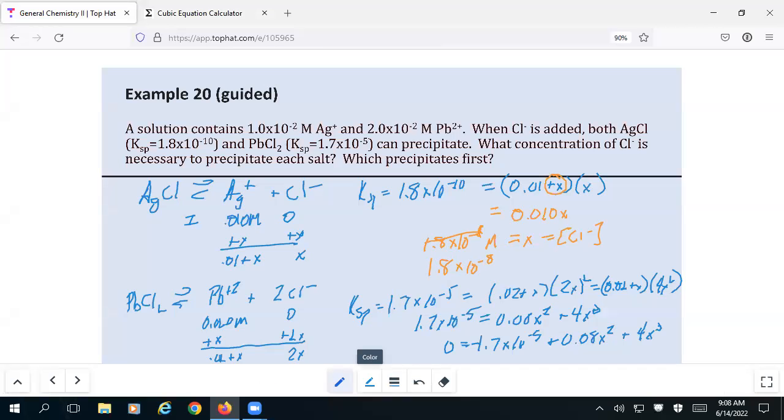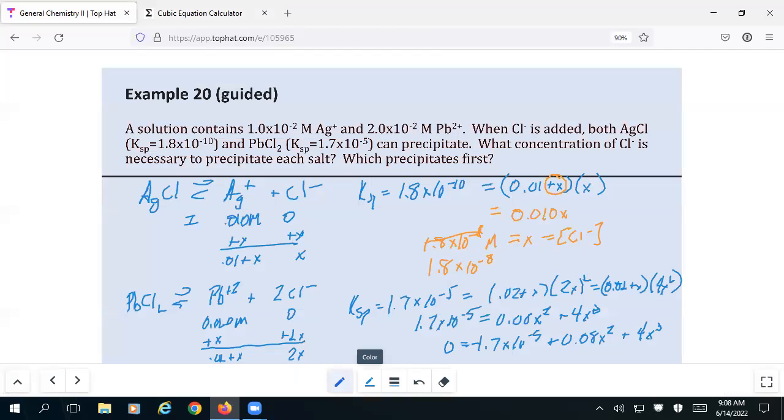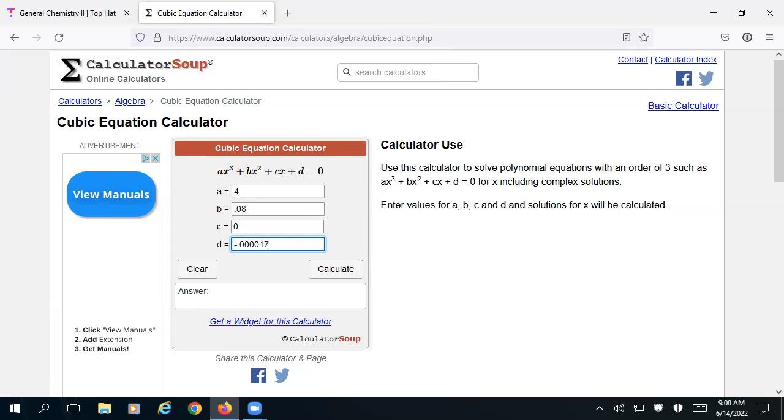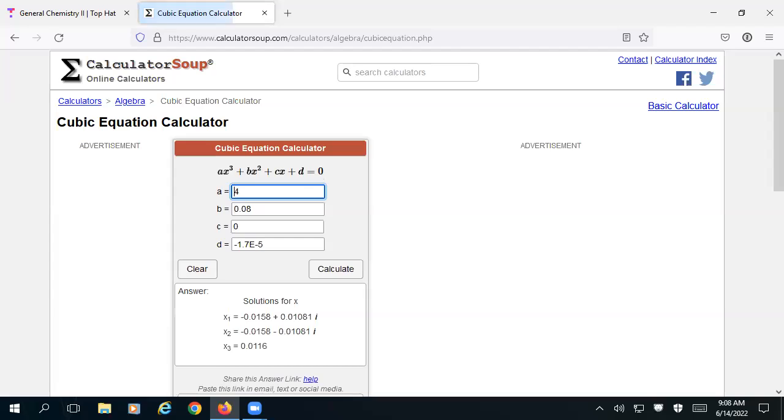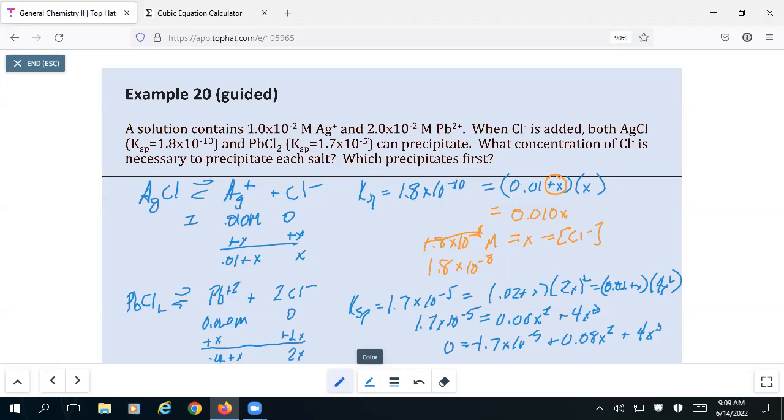And our d term is negative 0.0000175, sorry. So if we calculate that, once again, one of the numbers is going to make sense. The other two are going to be nonsensical, or in this case, imaginary. So 0.012 is the value that we would want for x.